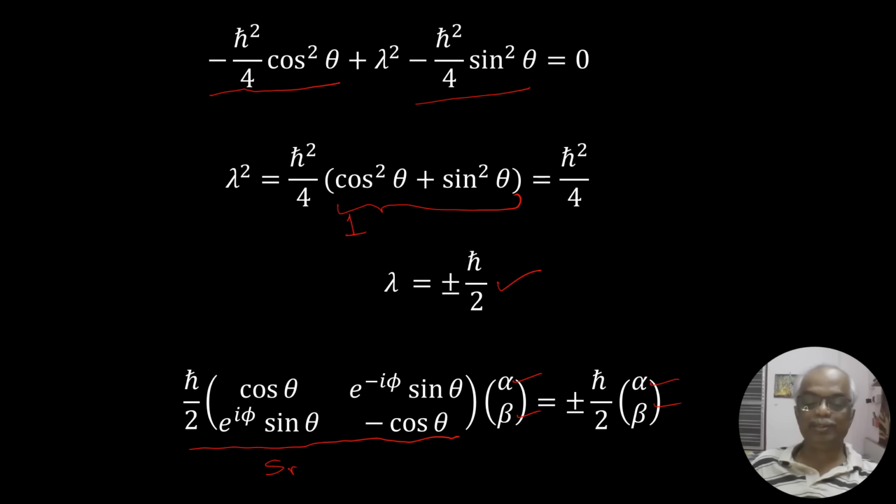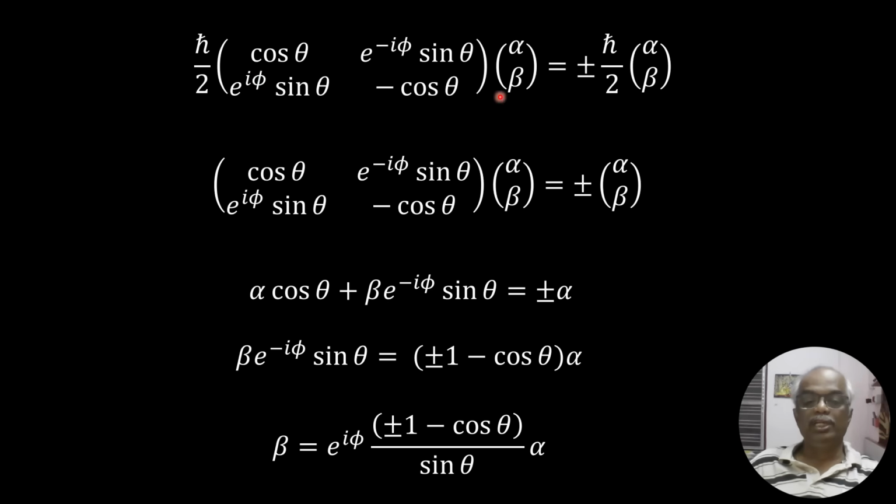Here this plus or minus ħ/2 is the eigenvalue λ. So this must be equal to λ times the spin up and spin down state column. Based on this understanding, we will move further.